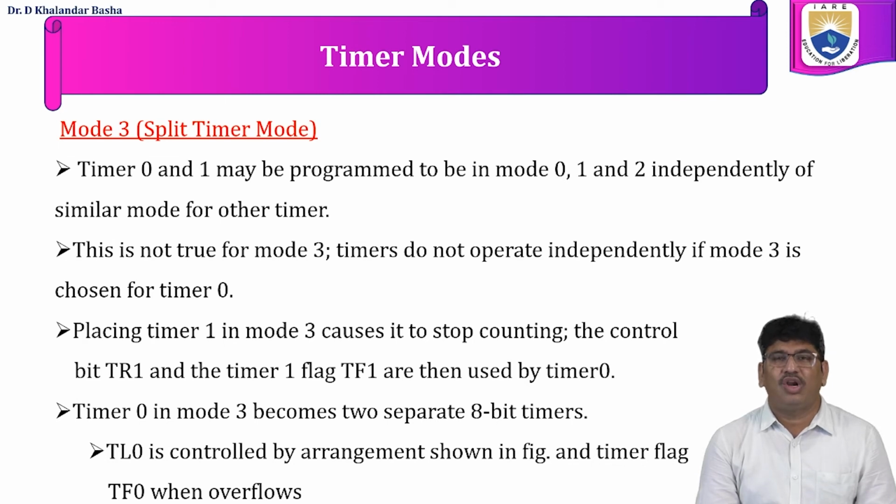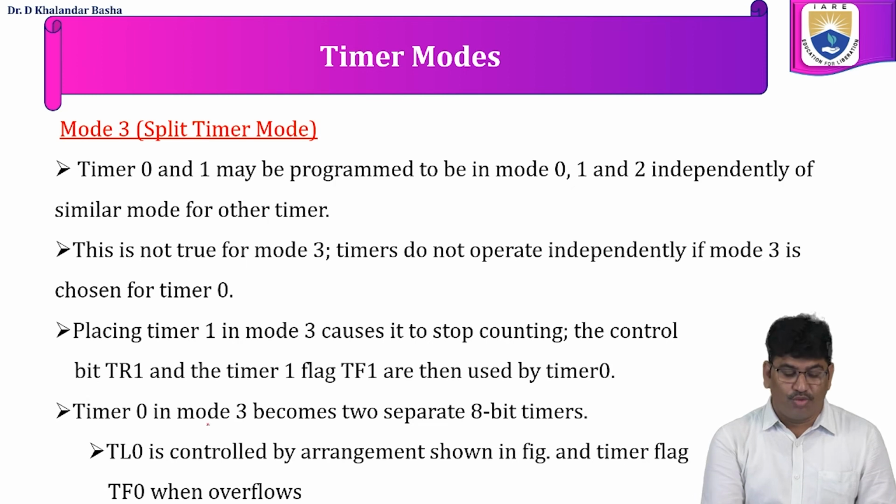The timers do not operate independently if mode 3 is chosen for timer 0. Placing timer 1 in mode 3 causes it to stop counting. The control bit TR1 and the timer flag 1, that is TF1, are then used by timer 0.